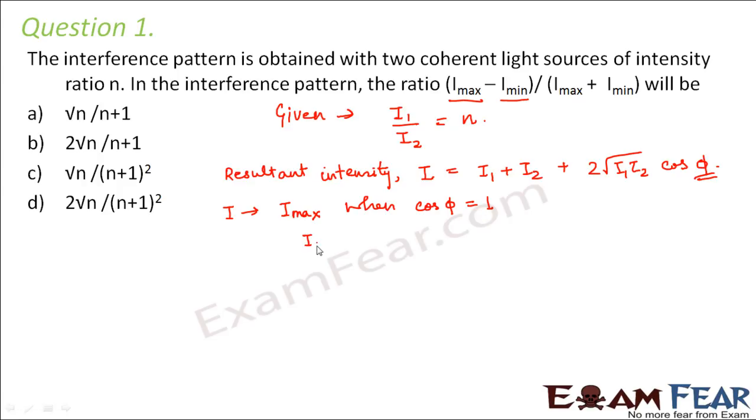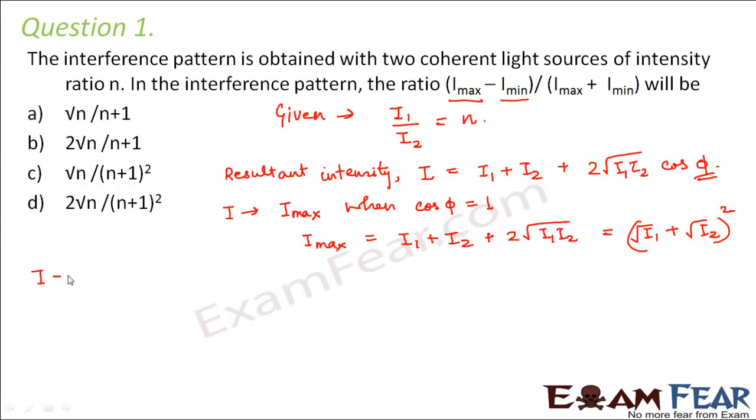Therefore, I max will be equal to I1 plus I2 plus 2 root over I1 I2, which can be written as root over I1 plus root over I2 whole square, because a plus b whole square is equal to a square plus b square plus 2ab. So this is what we get for I max.